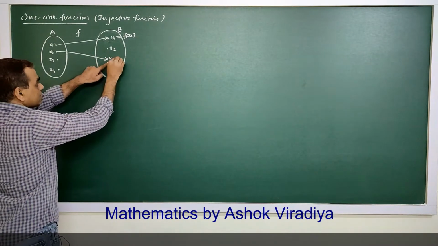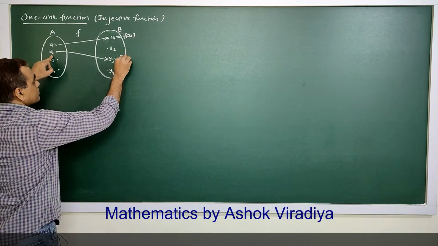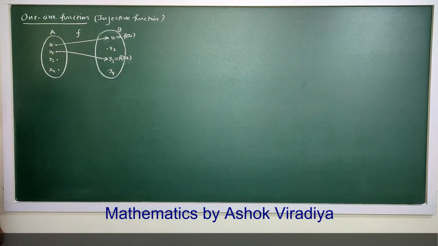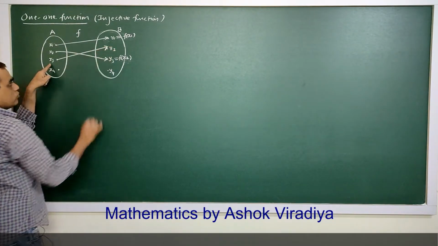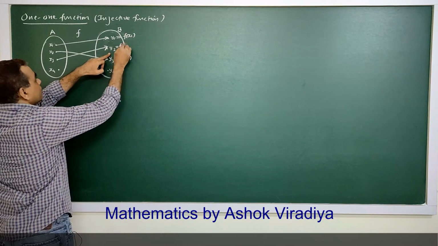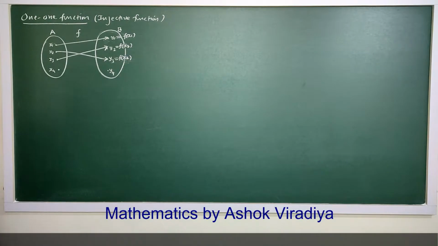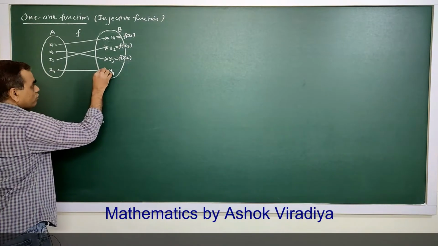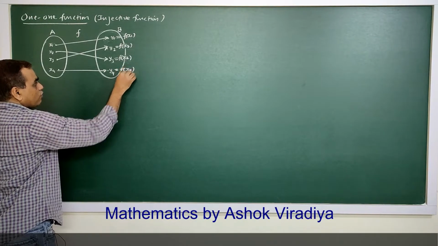The image of x3 is y2. The image of x4 is y4.